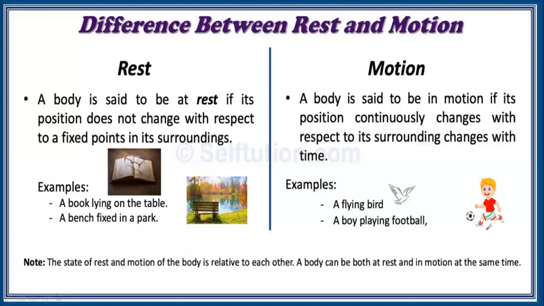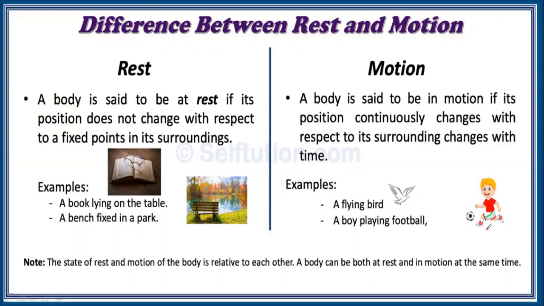The state of rest and motion of the bodies is relative to each other. A body can be both at rest and in motion at the same time. How is it possible that one body will be in two different states? If you are driving a car, a person sitting in the same car will have the same velocity, the same speed as yours.